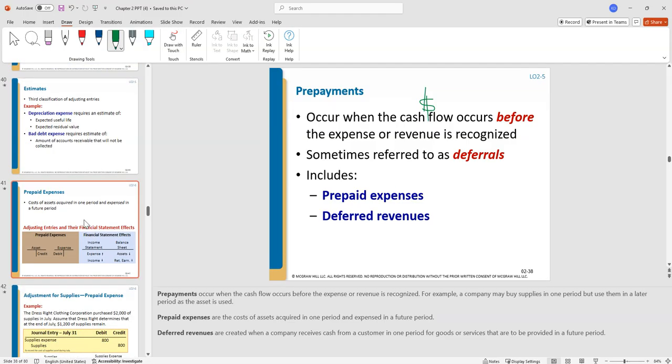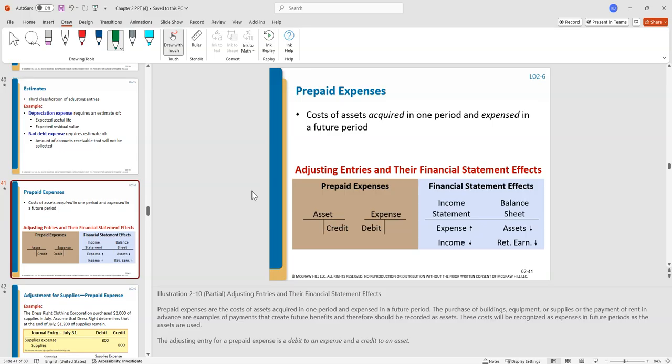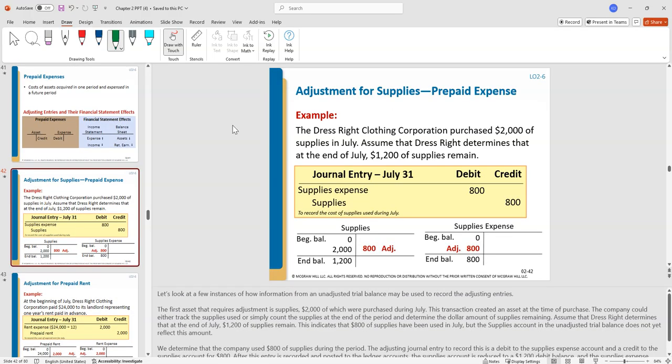So some of these you can go through, but here's an example of a prepaid expense. The cost is acquired in one period and expensed in another. If we check this out, this is a prepaid expense, which is going to be an example of a deferred expense. During the period, what we did was we bought insurance. We paid the money for that insurance. Now here we are at the end of the period. We had money first.